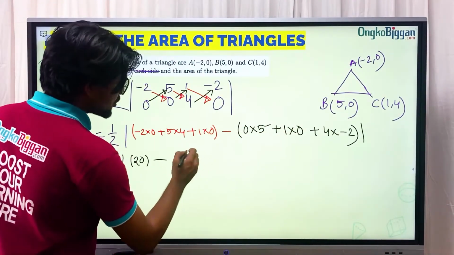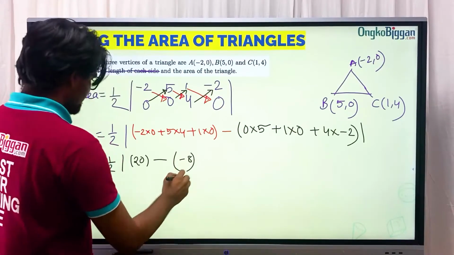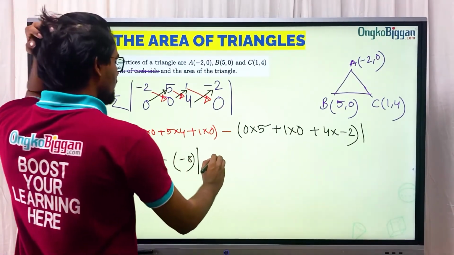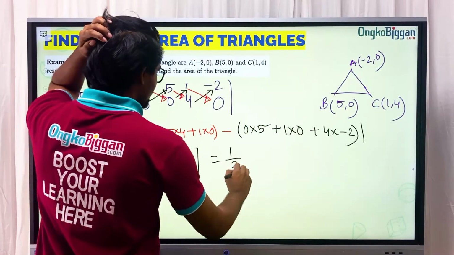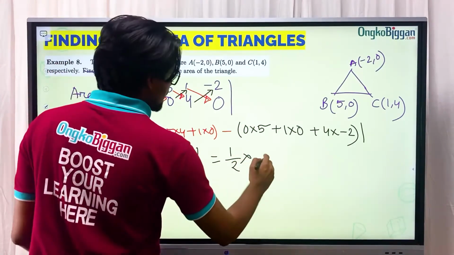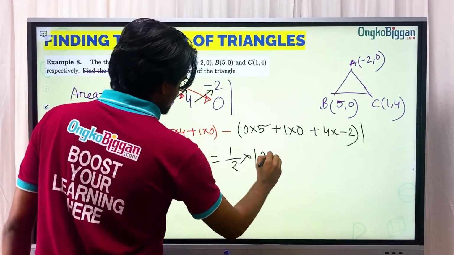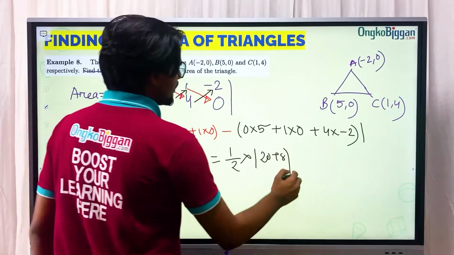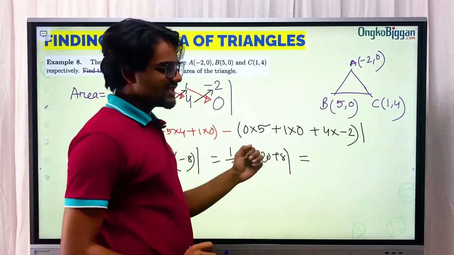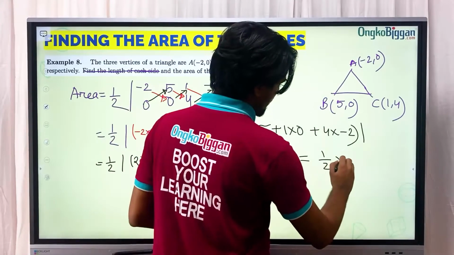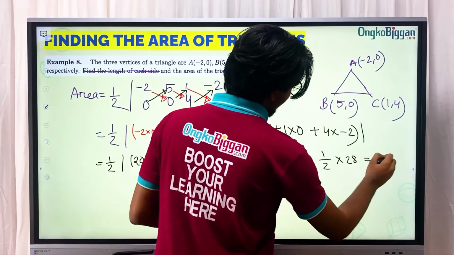So 4 into -2 is -8. So we got half into 20 plus 8. So we got half into 28.